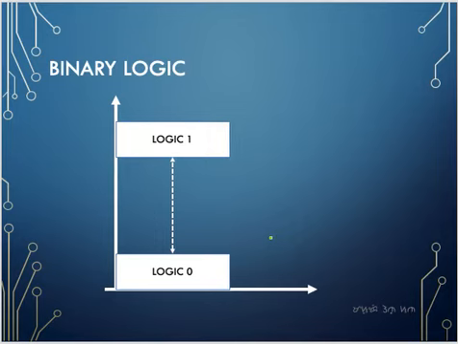Pero, paano naman yung physical na representation niya? When you say physical, voltage. Okay? Paano mo masasabi na ang isang grupo, yung range of voltages ay nagre-represent ng logic 1 or logic 0?